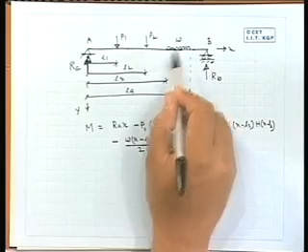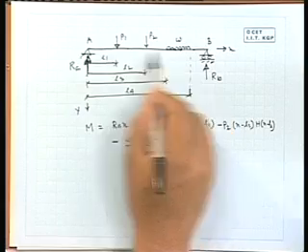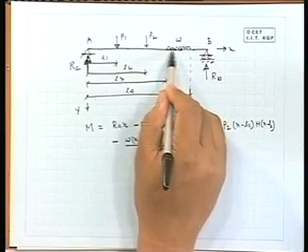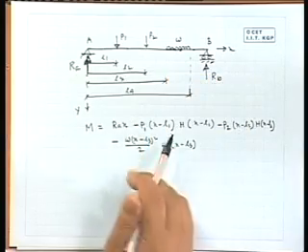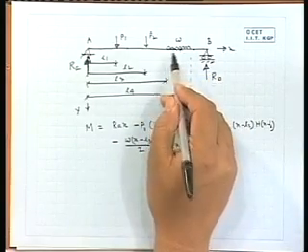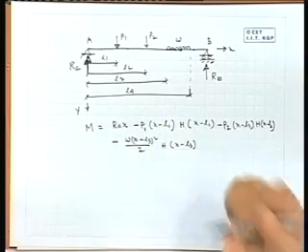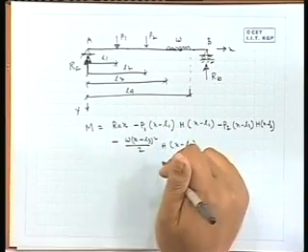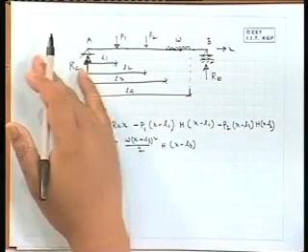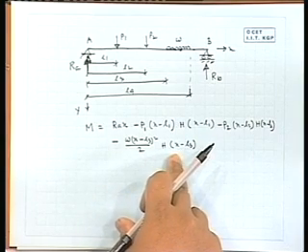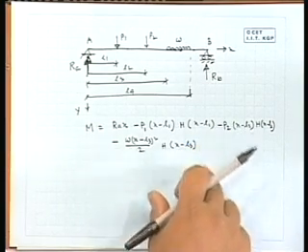So, if I am here, from here to here it is X. So, X minus L3 will be only this small part. So, omega into X minus L3 will be the load, into half of the distance. So, square divided by 2, that will be the effect, and that part is valid when you are here, not before this. So, another step function, it will be H of X minus L3.